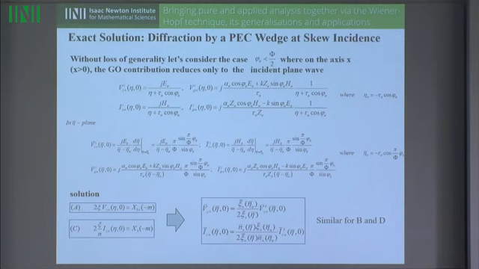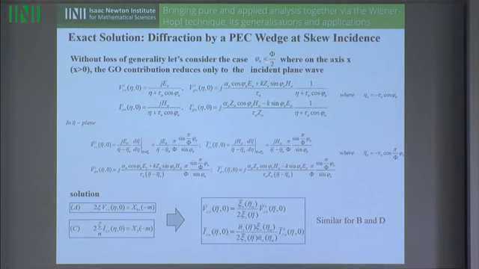Okay, here is reported how to get the solution. Since we are dealing with wedge scattering illuminated by a plane wave, in this case we reduce the problem to an incident angle phi 0 less than phi over 2.